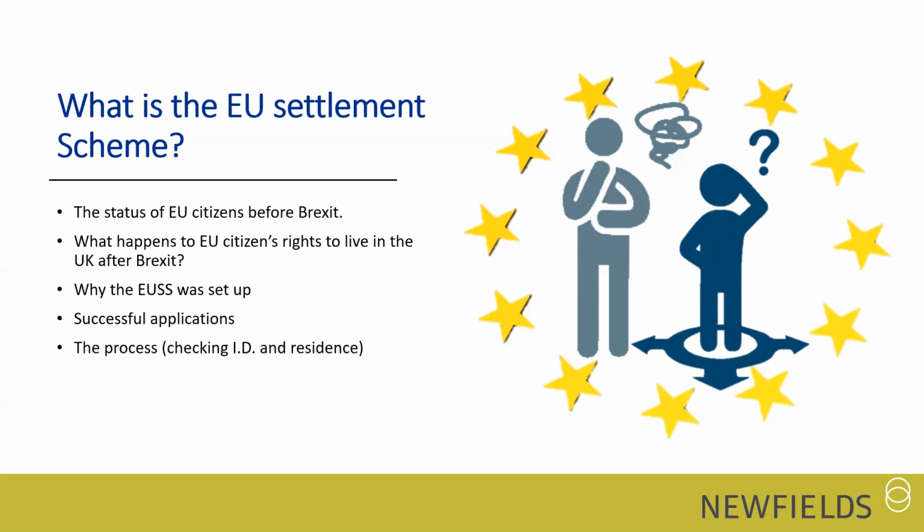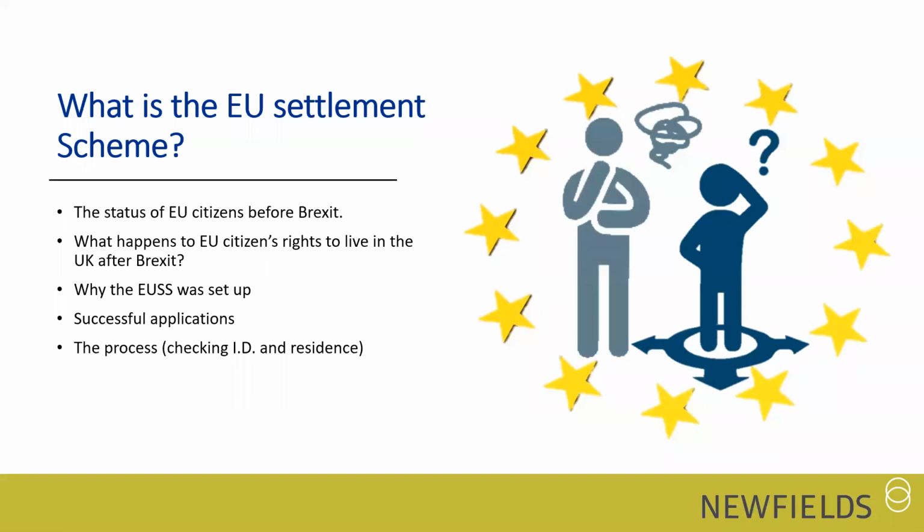And the EU settlement scheme has been brought into existence because the UK is obviously leaving the European Union, and it's been set up to give EU citizens a status by which they can continue living, working and studying in the UK after we finally leave the European Union outside the transition period.